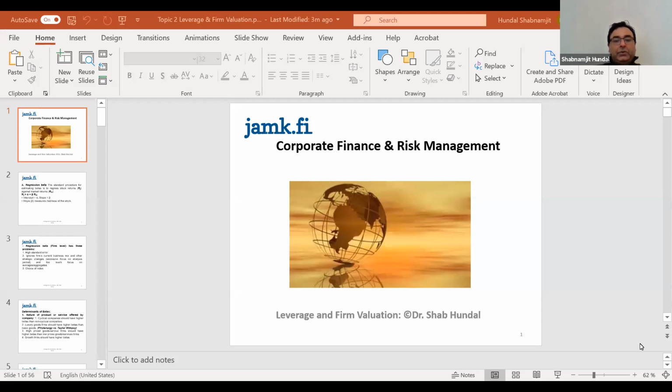The topic that we shall study today is leverage and firm valuation, that is, how companies use leverage. I will explain it more later, but if I have to say a few words about leverage, I would say it's basically debt. How important is debt in your company's financing?